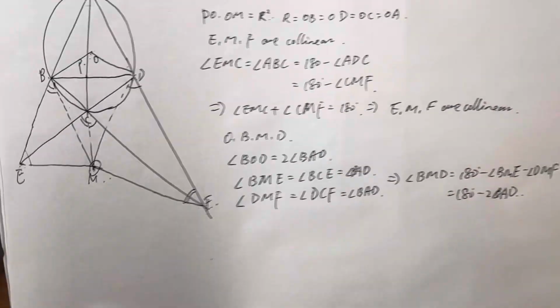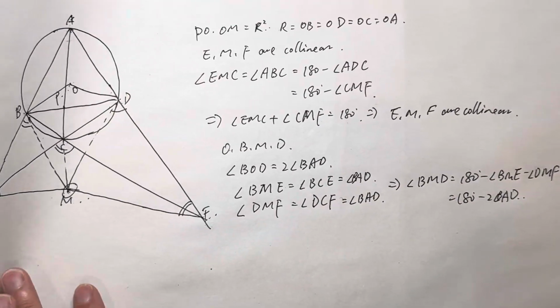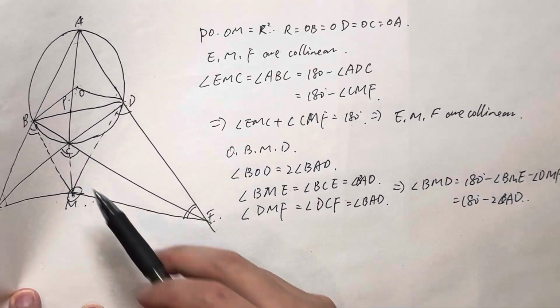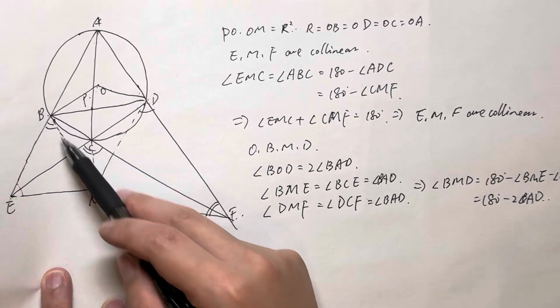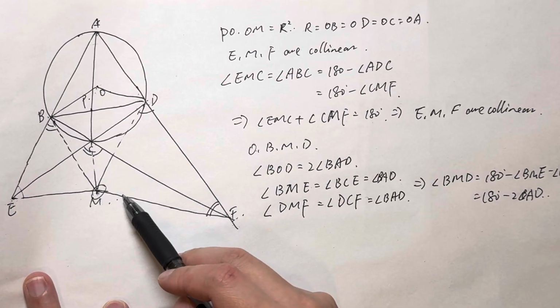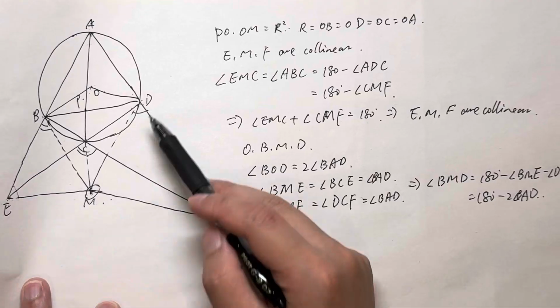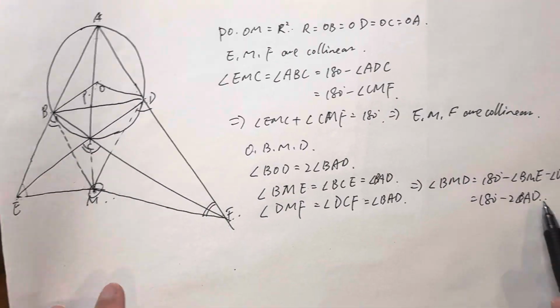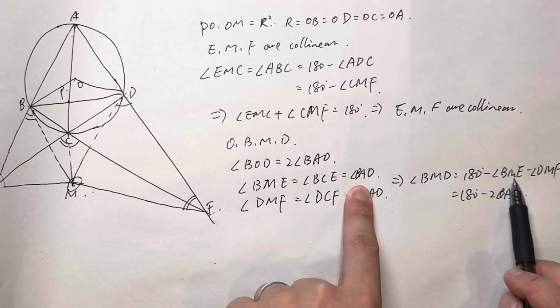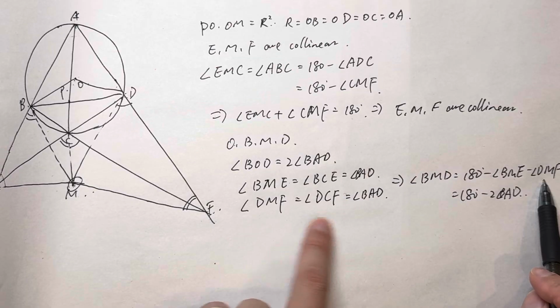Let me show it here. The angle BMD equals 180 minus angle BME minus angle DMF. And angle BME equals angle BAD, angle DMF equals angle BAD.